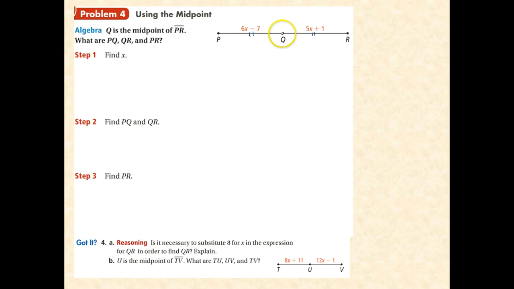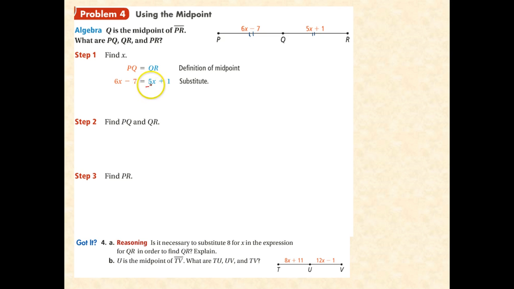We know that Q is the midpoint, so PQ is congruent to QR. That means the length of PQ is equal to the length of QR, so we can set these two expressions equal to each other. Length of PQ equals length of QR, definition of a midpoint. So I can set these two expressions equal to one another.